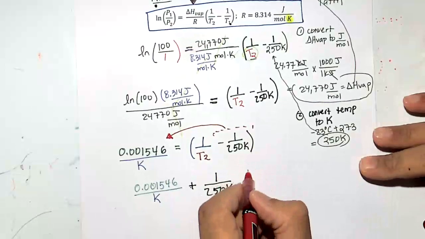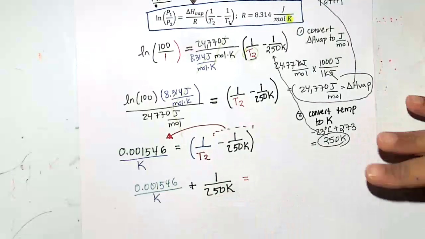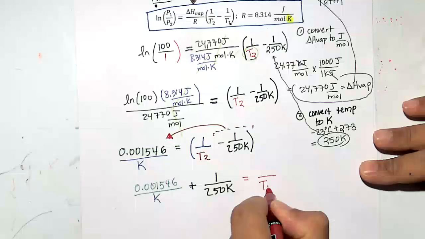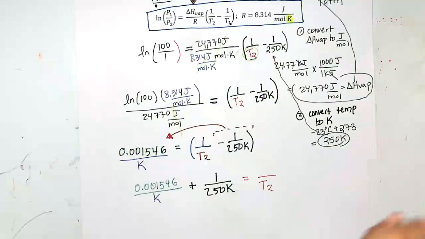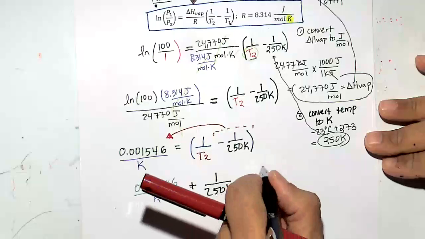This equals 1 over T2. We're trying to solve for T2 here.